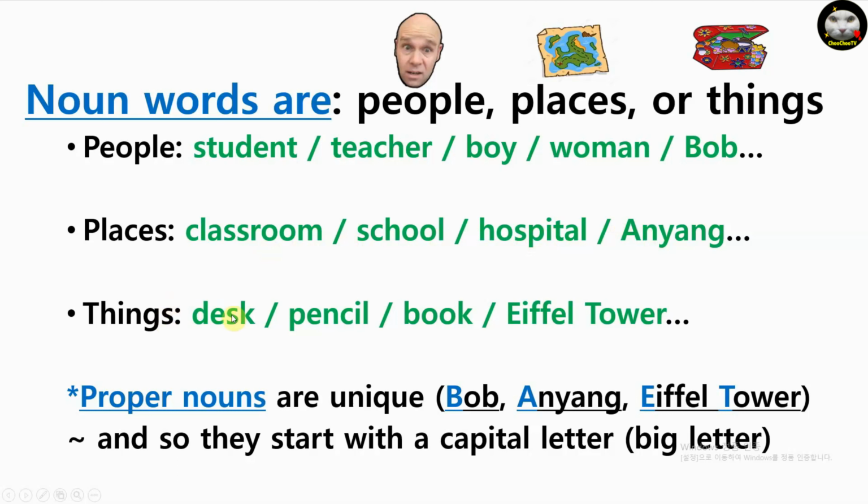Things could be desk, pencil, book, Eiffel Tower. Proper nouns are unique. So we notice here, for people, there's Bob, places, Anyang, and things, Eiffel Tower. And because they're unique, they start with a capital letter.